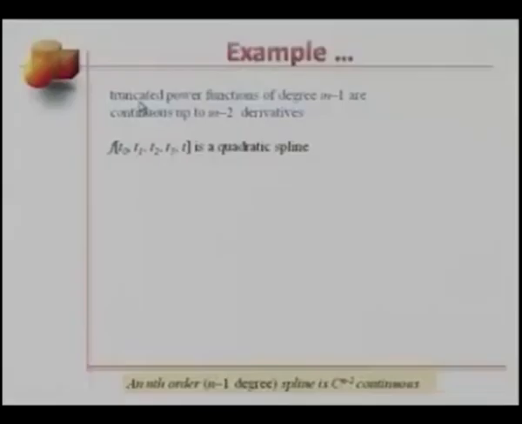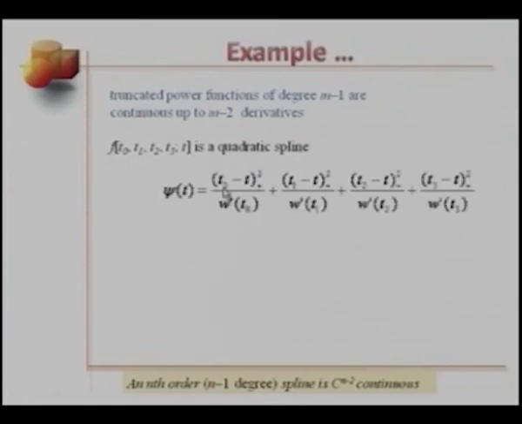So we know that individual truncated power functions of degree m minus 1 are continuous up to m minus 2 derivatives. Look at this definition here, and using that we can see that the third divided difference of a truncated power function of degree 2 is a quadratic spline.